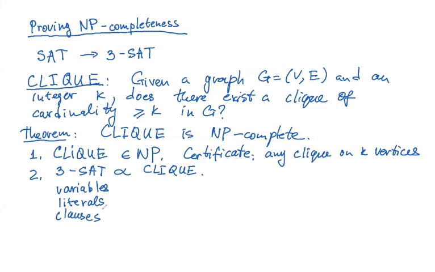Somehow we need to find a construction where the cliques in the graph will correspond to satisfiability in the Boolean formula that we have. Let's look at an example for a 3-SAT formula. We could have something like this: x1 or x2 or the negation of x3. Then the other clause could be not x1 or x2 or x3. Then let's put one more here.